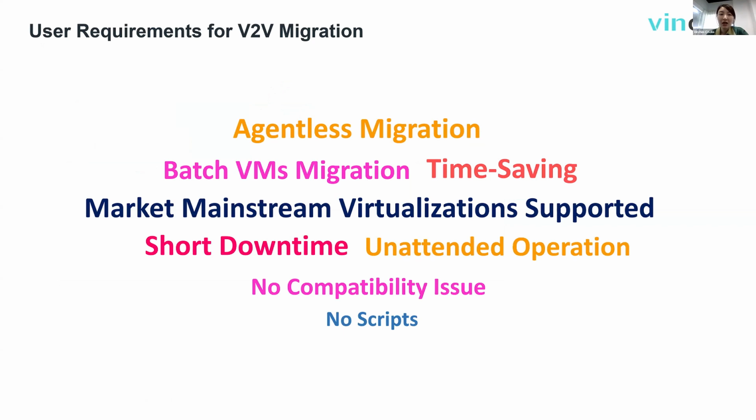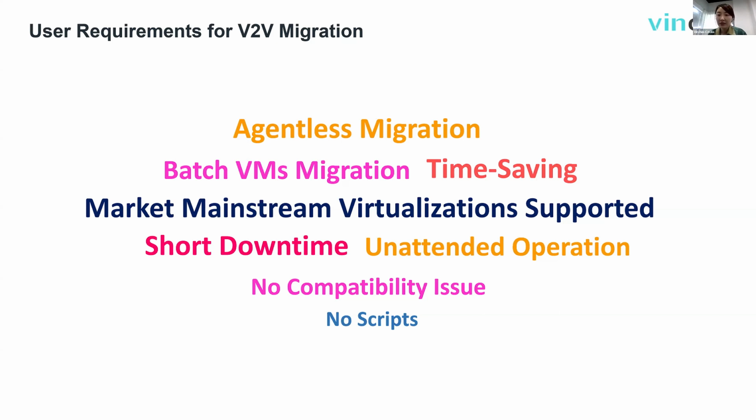So based on our customers' pain points, we have concluded users' requirements on V2V migration solutions. Basically, what customers want is an easy-to-use solution with efficiency, easy to operate, and easy to manage. The requirements include, firstly, supporting the market mainstream virtualizations, preferably with bi-directional migration, because then customers can have a flexible choice.